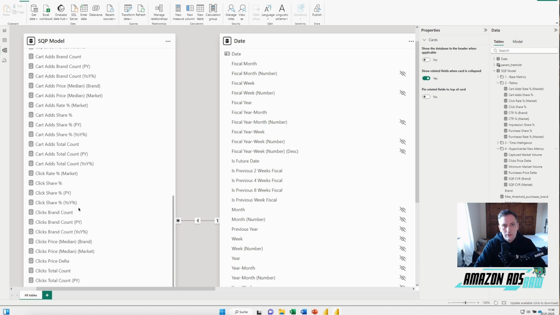But honestly, if you do Amazon ads and you do it well, you need some sort of market competitor insights and analytics, and SQP is the best first party data that is available.